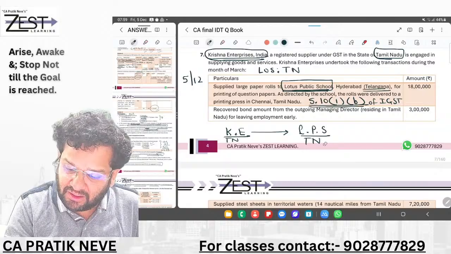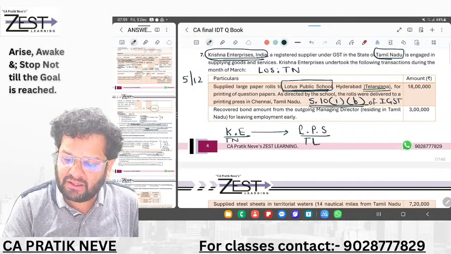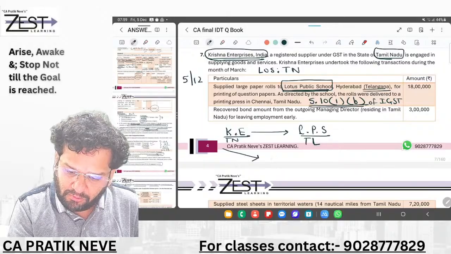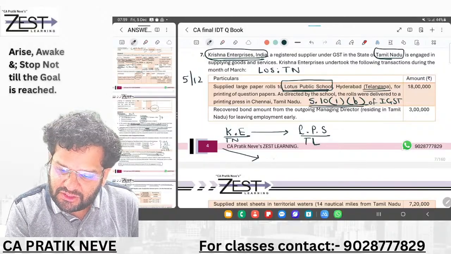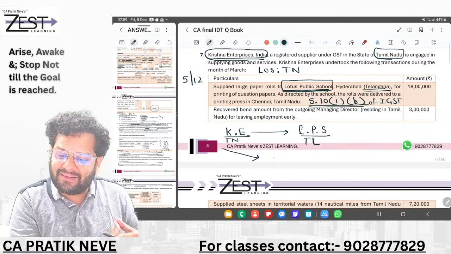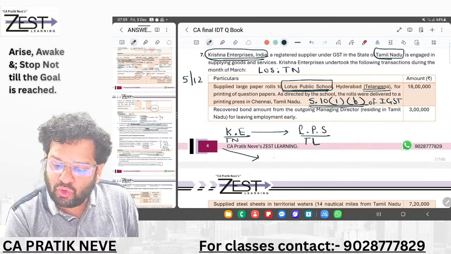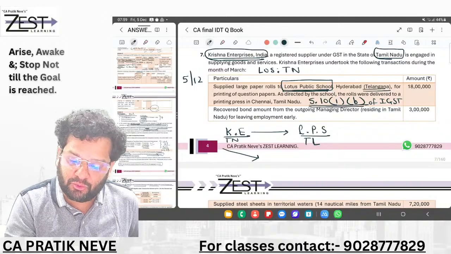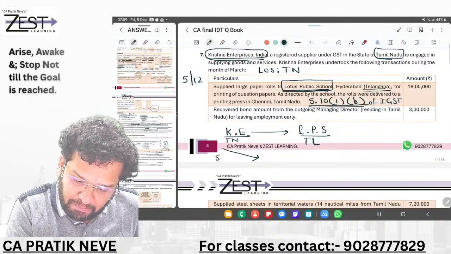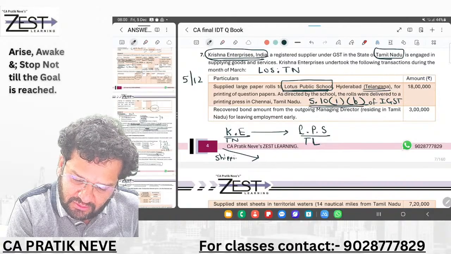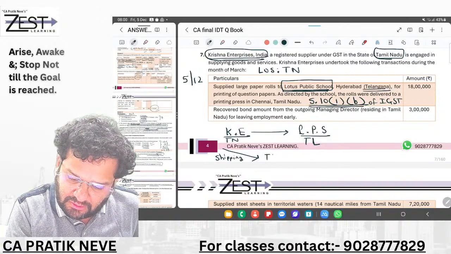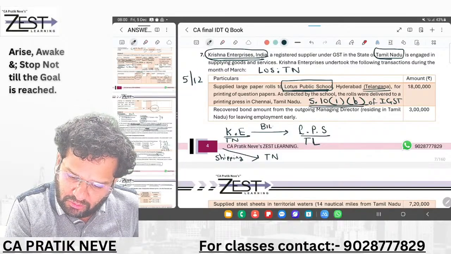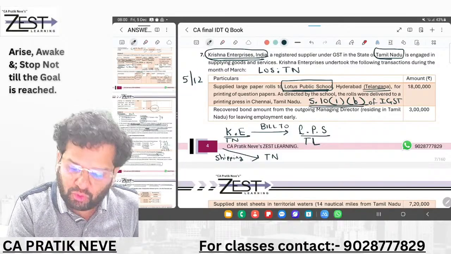But shipping is done, as directed by the school, the rolls were delivered to a printing press in Chennai, Tamil Nadu. So shipping is done in Tamil Nadu itself. So this is the bill to and ship to model.